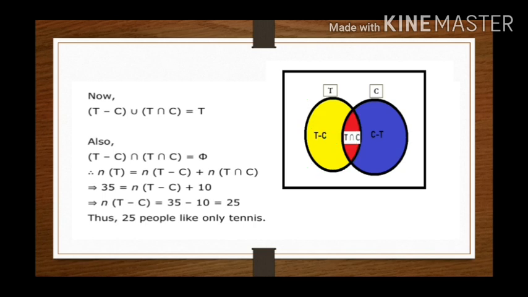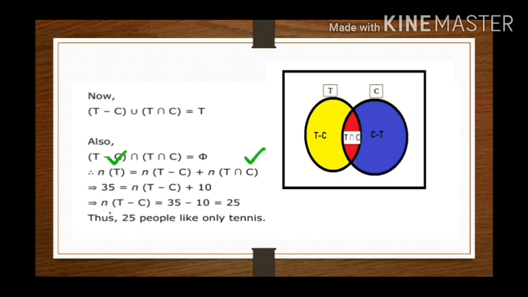Look here. T minus C, that means the yellow portion, union this red portion is equal to T. That is, the cardinality of this whole set equals the cardinality of the yellow portion plus the cardinality of the red portion. Cardinality of T is equal to cardinality of T minus C plus cardinality of T intersection C. So you know the value of this one and the value of this one, just put it in.